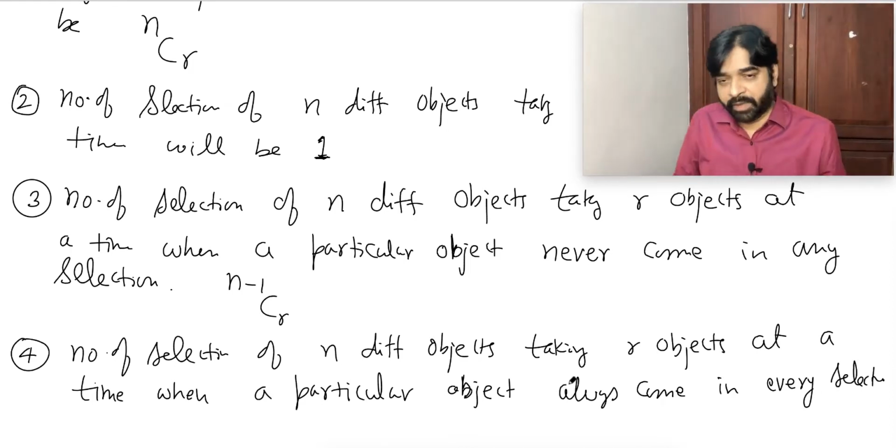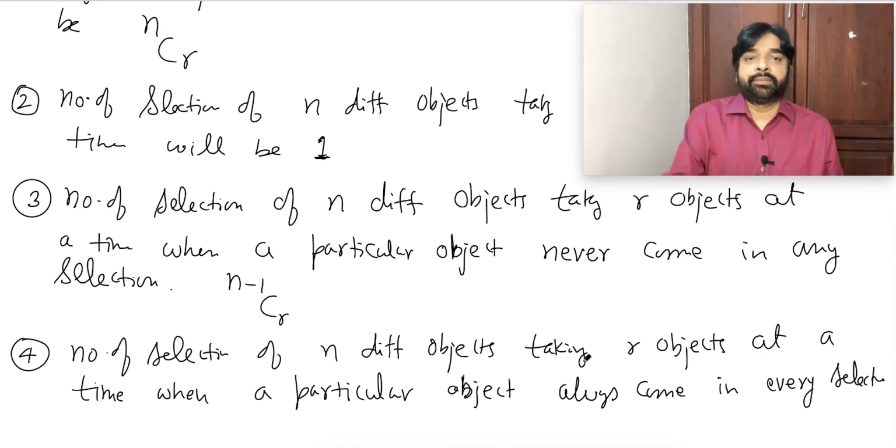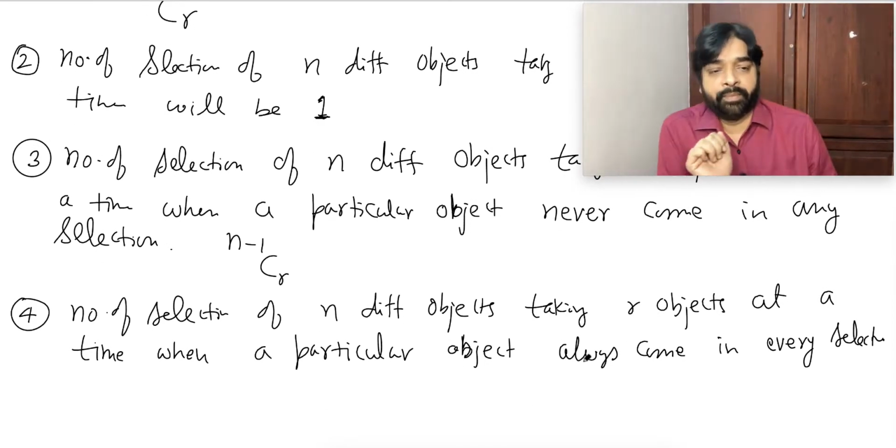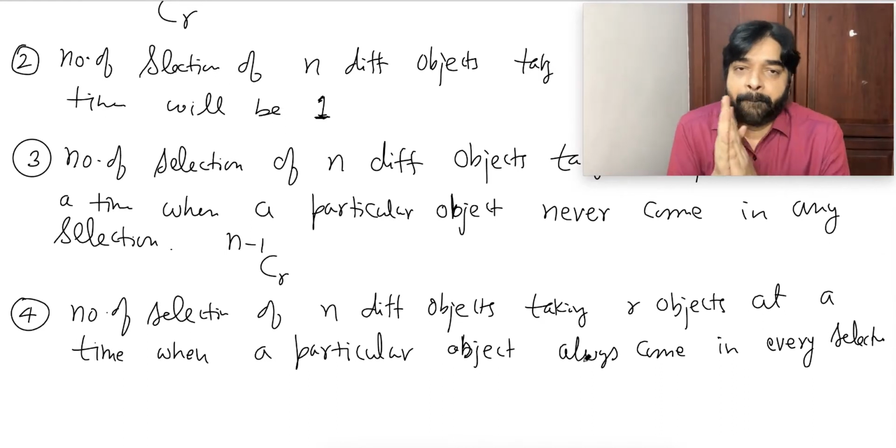You can answer very easily. One particular object always comes in every selection. Think carefully. What will be the answer?